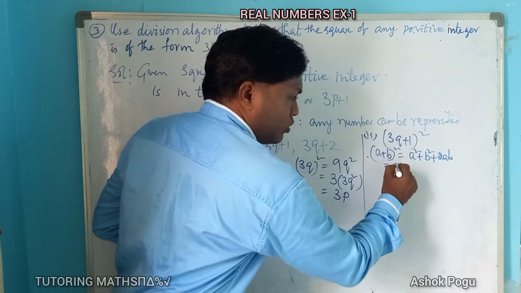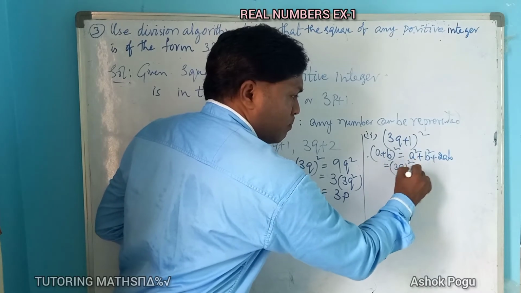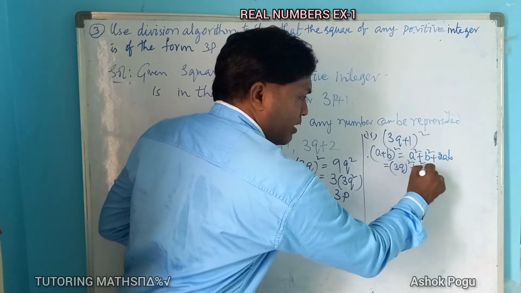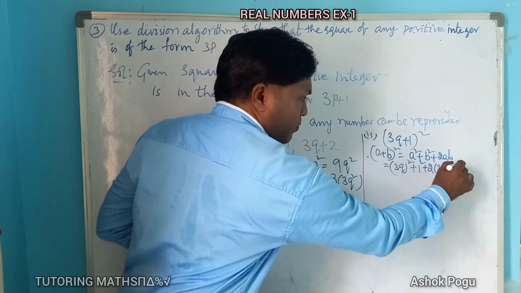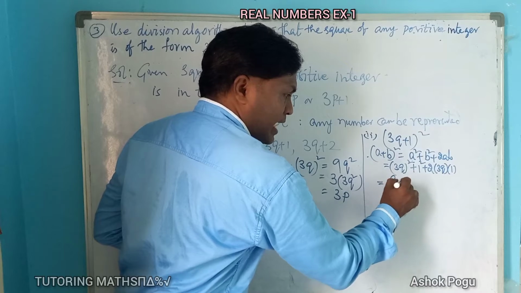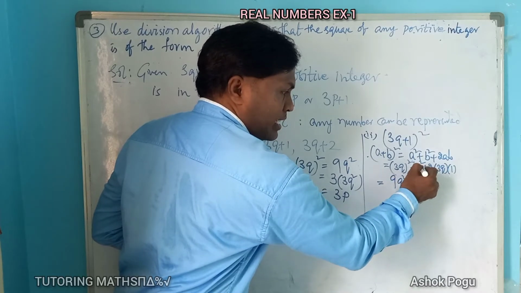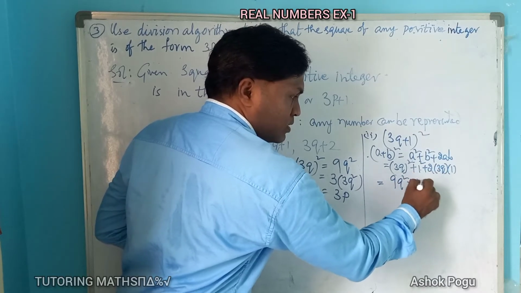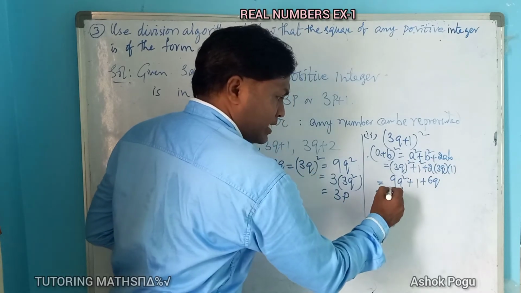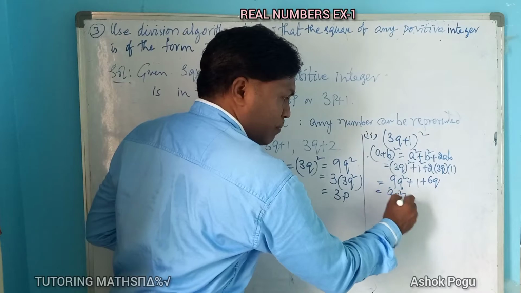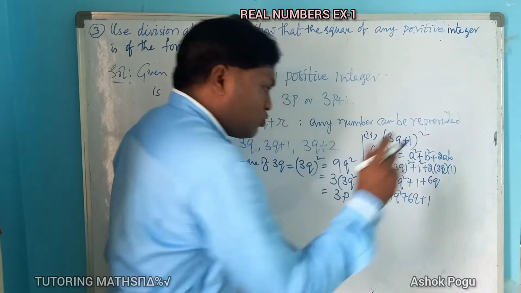You get 3q square plus 1 square plus 2 into a into b. Now what would be the result? 9q square, 1 square is 1, plus 2 times 3 is 6q. Now let me write this: 9q square plus 6q plus 1. Why plus 1?